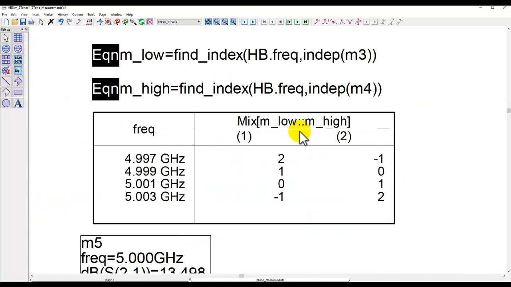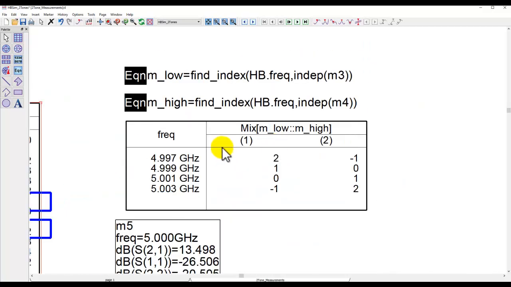And again, I already talked about some of these in my data processing tutorial. If you haven't watched that, you can go ahead and watch. So here I'm just declaring a variable, finding the index at the M3 marker, and putting another variable finding the index at the M4 marker, instead of plotting the entire mix.